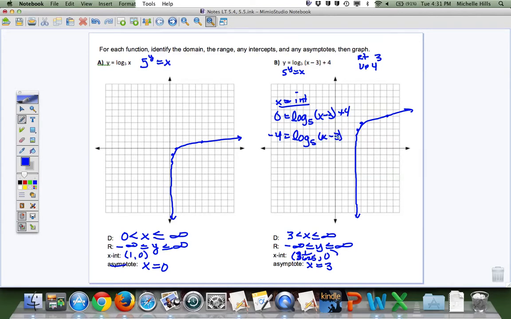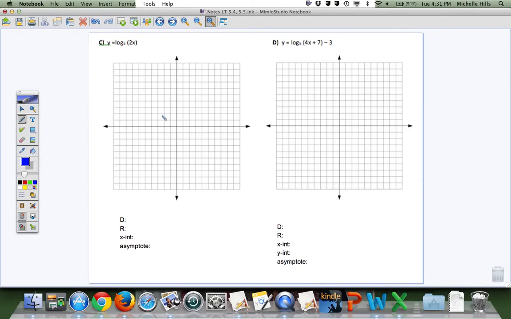And then when I'm solving these things, if I get stuck in logarithmic form, I change it to exponential form. So 5 is my base to the negative 4 power equals x minus 3. So x is 5 to the negative 4th power plus 3, which is 3 and 1/625th. So I could have gone to the work to solve it if I couldn't figure it out the other way.